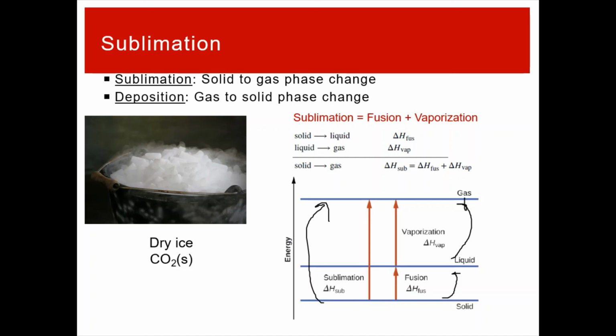A common application of sublimation is dry ice, which is solid carbon dioxide. The reason why it's called dry is, think about cooling something with water ice: when it melts, it gets whatever you're trying to cool wet. So dry ice is really nice in that it just becomes gas phase carbon dioxide, which then doesn't get whatever you're shipping wet.